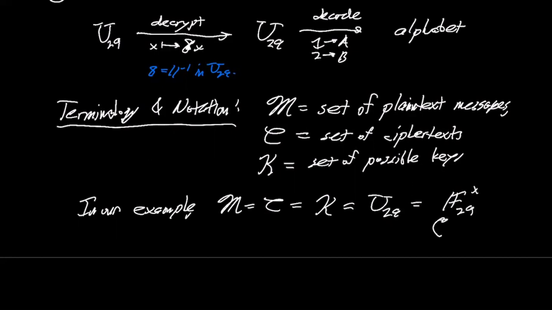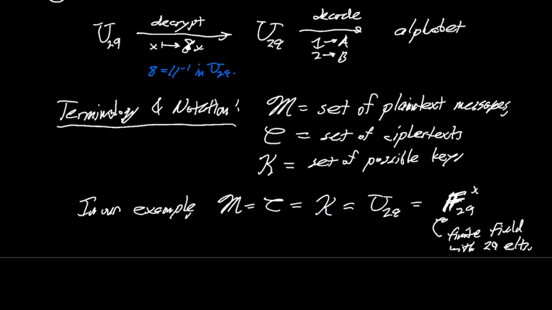Remember, this is the finite field with 29 elements, and the cross means we throw away 0 and just think about the multiplication. That's a blackboard bold F. Okay, so this is our example.